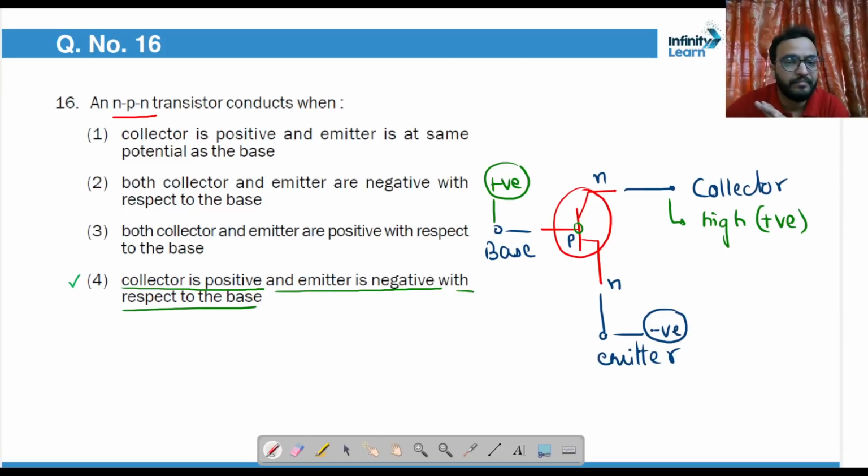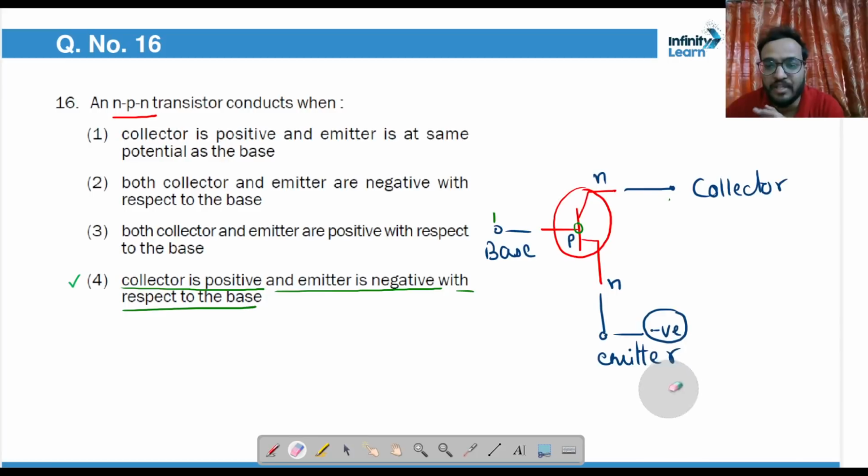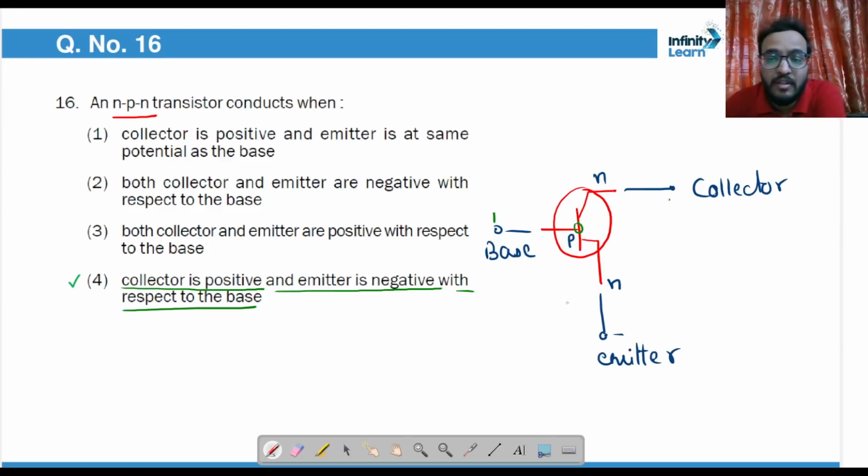Let's use a very normal logic. What we want is this. In this question, NPN transistor, we want to find out the potential difference. See, base emitter is forward biased. If this PN junction is forward biased, then P should have a higher potential as compared to N.